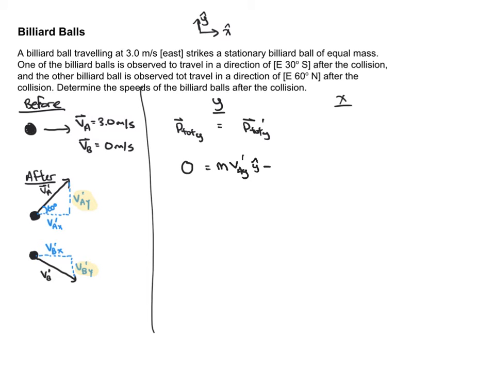Now ball B is going south, so I stick a negative sign there because it's in the negative y hat direction. They're equal masses. Those two m's are going to cancel out. So essentially what happens, let me cancel some stuff out here. M's cancel out.